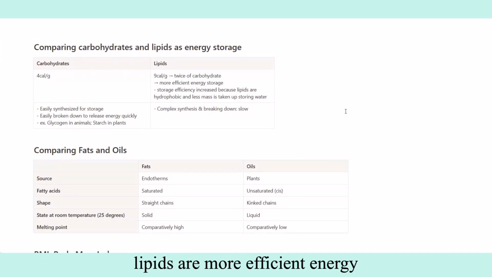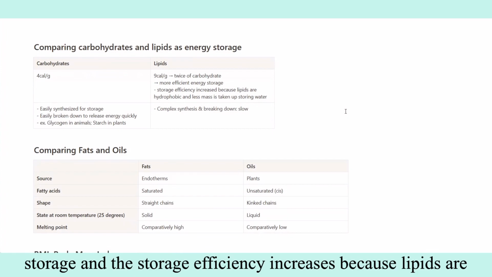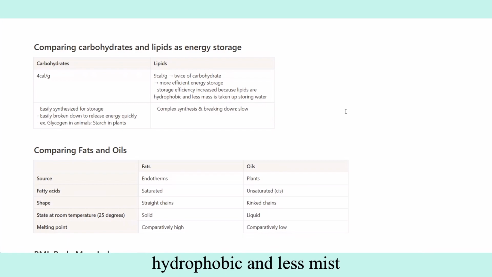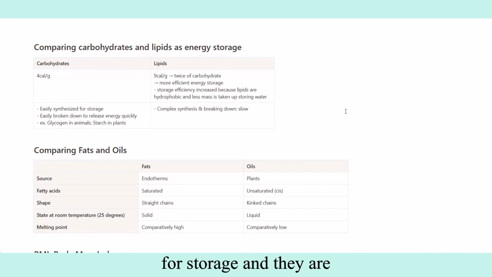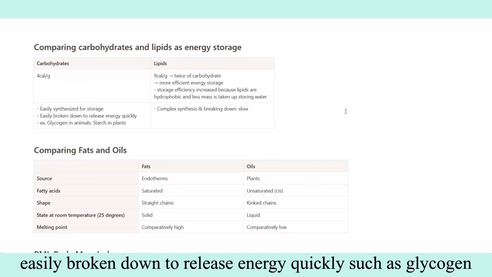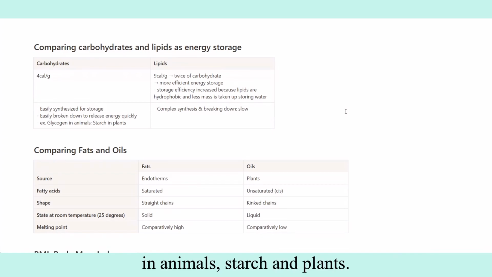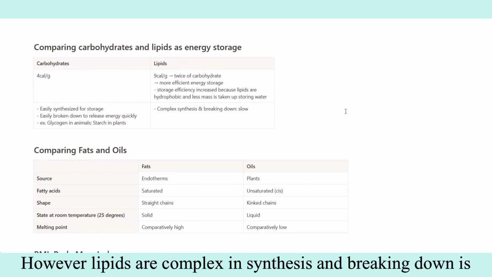Therefore, lipids are more efficient energy storage, and the storage efficiency increases because lipids are hydrophobic and less mass is taken up storing water. Carbohydrates are easily synthesized for storage, and they are easily broken down to release energy quickly, such as glycogen in animals and starch in plants. However, lipids are complex in synthesis and breaking down is very slow.